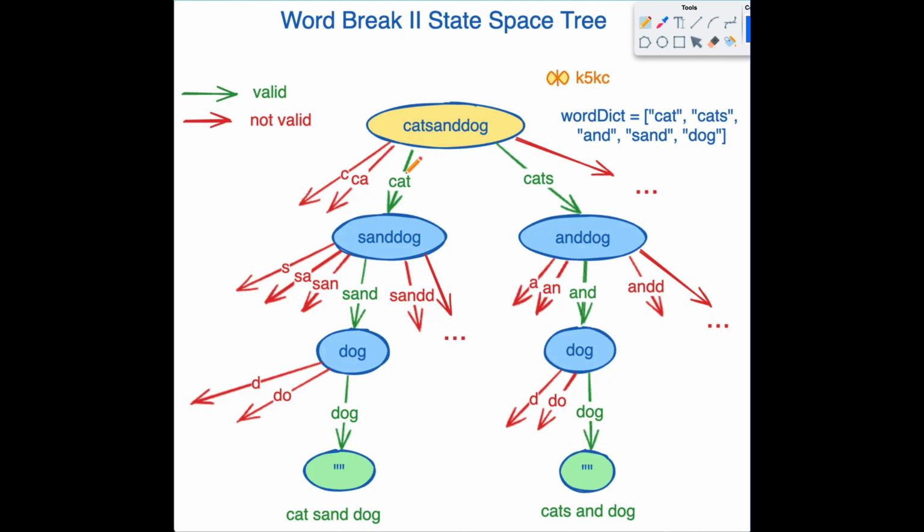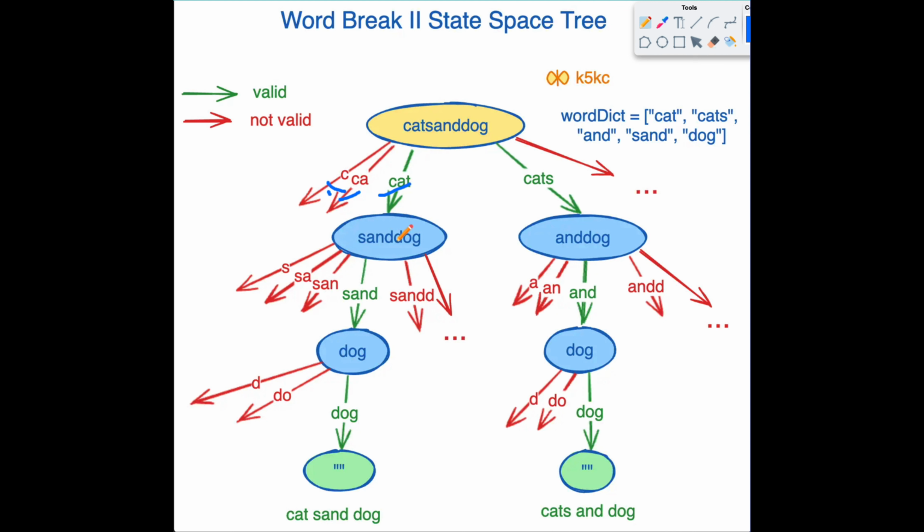We will generate all the substrings and check if each is in the word dictionary, then do the same for the remaining substring. Is C in the dictionary? No. CA is also not. Then we get cat, and luckily it is in the word dictionary, so we go to the next step.